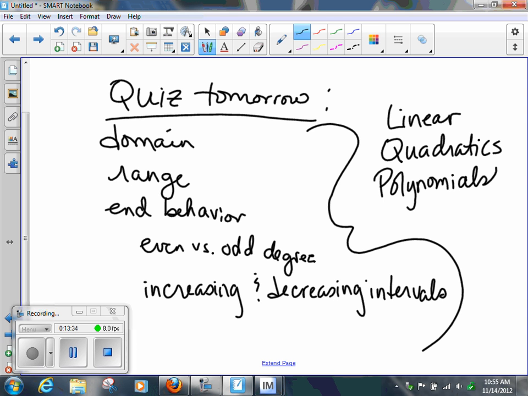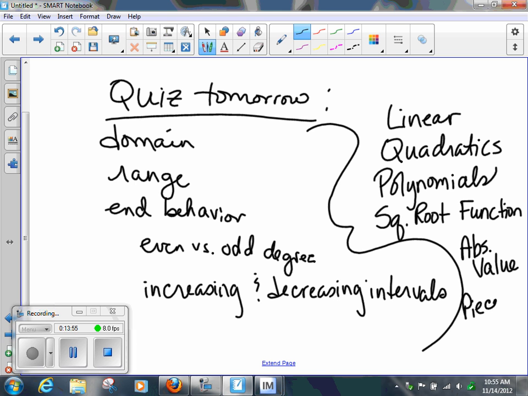I might throw a square root function in there, absolute value, and I might throw a piecewise in there. If I do, it's not a big deal.